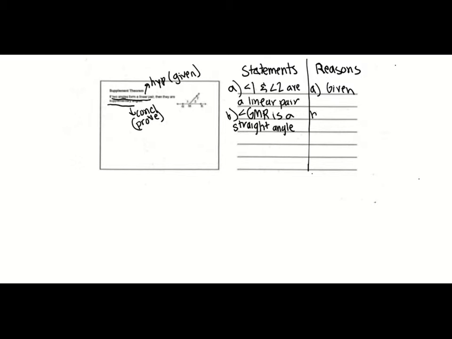That is our definition of linear pair. They are adjacent on a straight line. That's what the GMR as a straight angle means. Definition of linear pair.